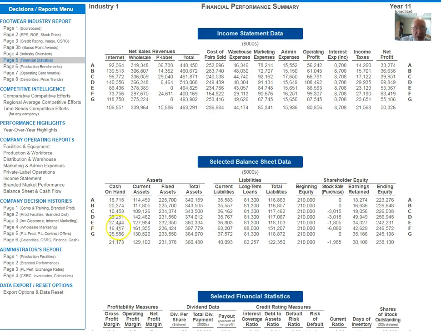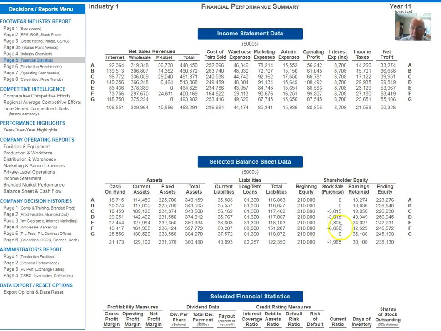As I come down here, I see some interesting information. This tells me that I took out quite a few loans. So you can see my current loans are $23 million above the industry average, and I'm about $6 million above the industry average on long-term loans. So relatively speaking, I've taken on some debt.